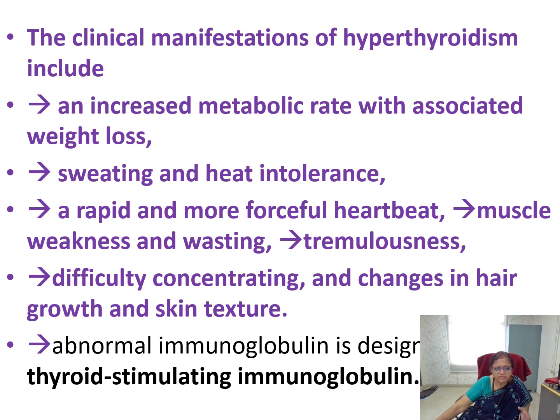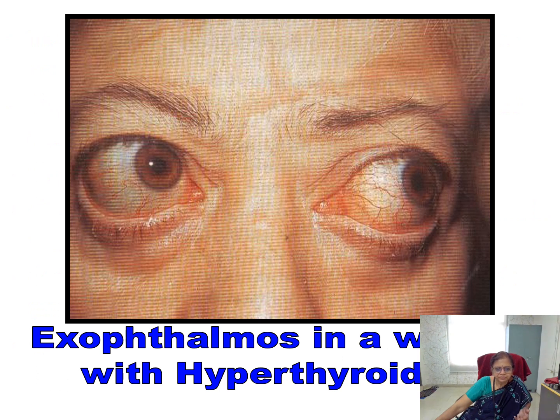They'll have fine tremors on the small joints, mainly the fingers, difficulty concentrating, and changes in hair growth and skin texture. Abnormal immunoglobulins, designated thyroid stimulating immunoglobulins, help in the confirmation of Graves' disease, and are found in the blood test.